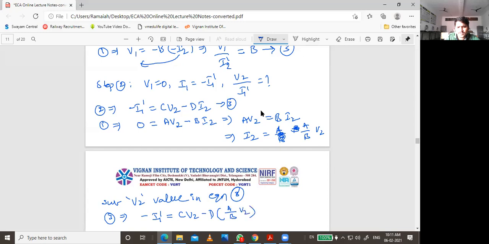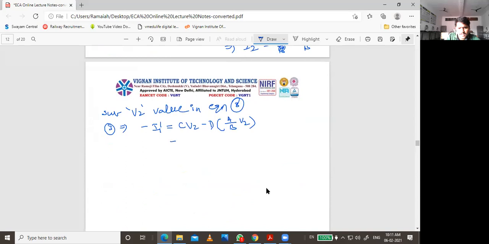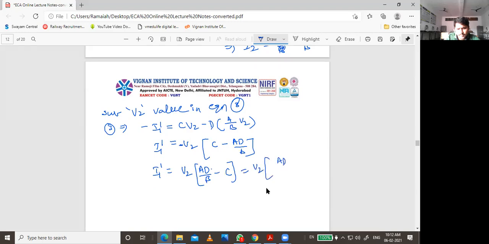If you take V2 common, C minus AD by B, and sending this minus to the other side, I1 dash equal to V2 into AD by B minus C. Therefore V2 into AD minus BC by B, where B is the LCM.